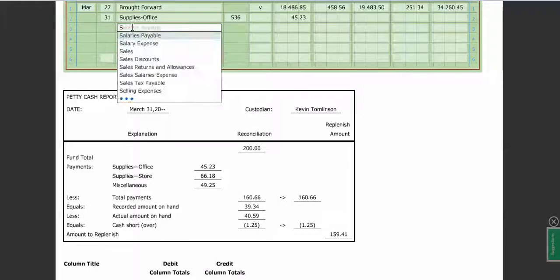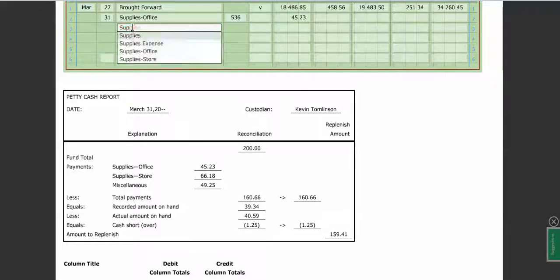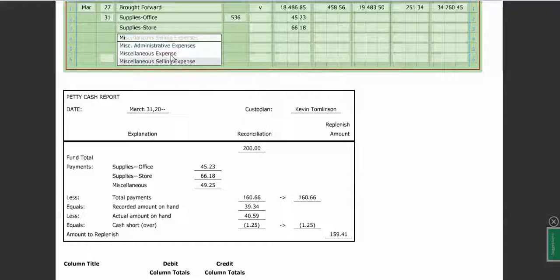My supplies store is going to be 66.18. My miscellaneous expense is going to be 49.25. Anytime I'm recording any type of expense, which is what these are, I'm ultimately going to be recording them this way.